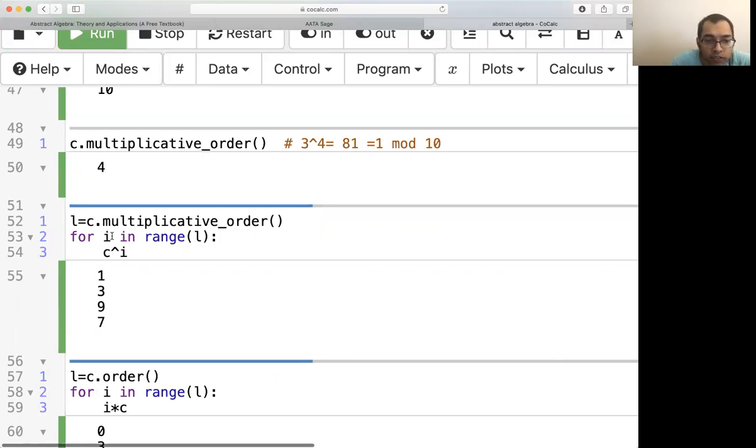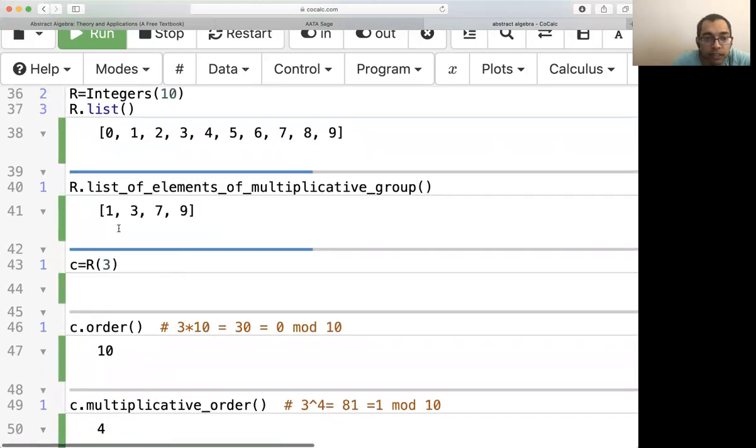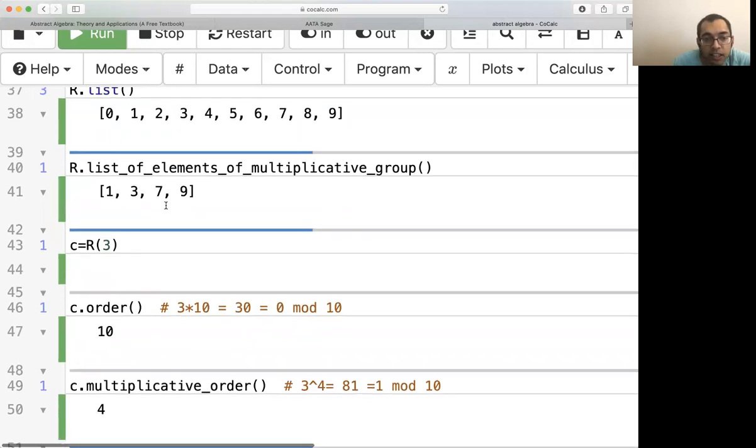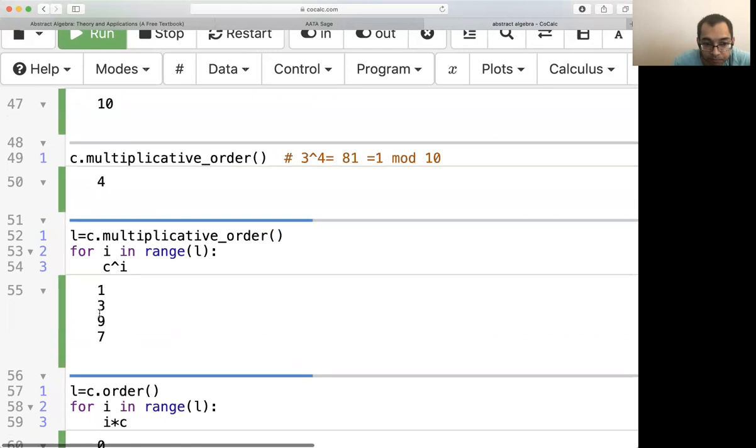So for I in the range L, which again, this range L is the numbers 0, 1, 2, 3 in this case. Since L is 4, it stops 1 less than the stopping point. Okay, and so these are the powers of C, the multiplicative powers. And so this is the group generated by 3 in this multiplicative group here, 1, 3, 7, 9. And so this group we see is cyclic because it's generated by 3.